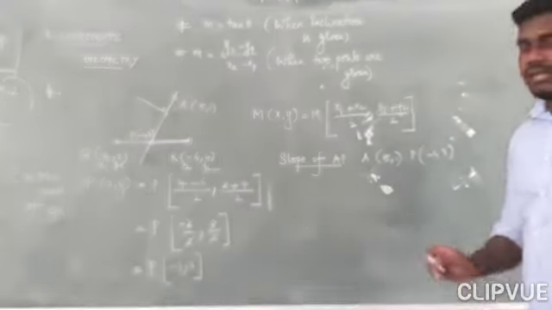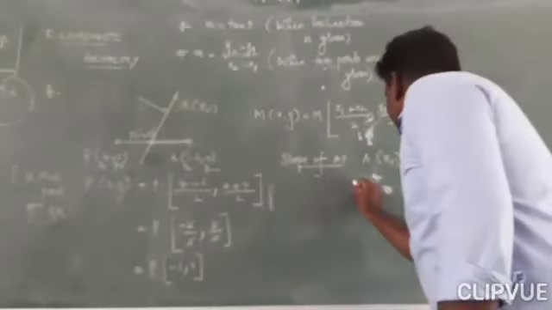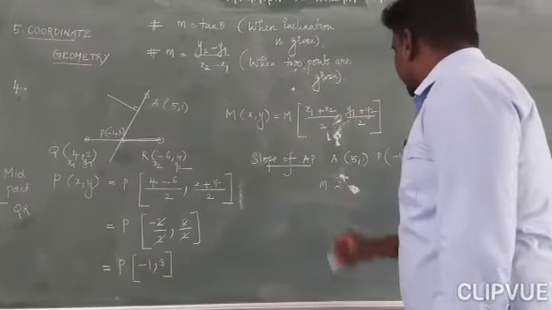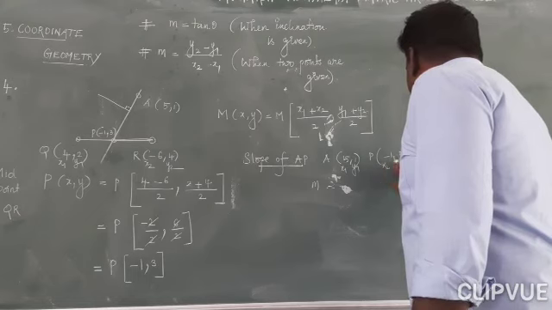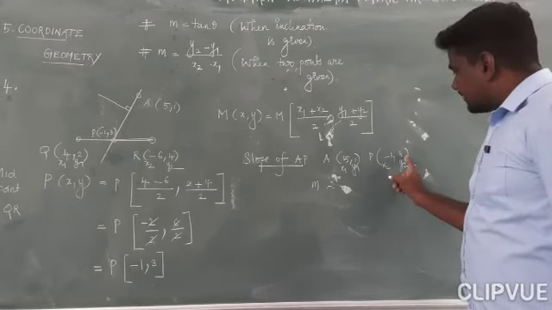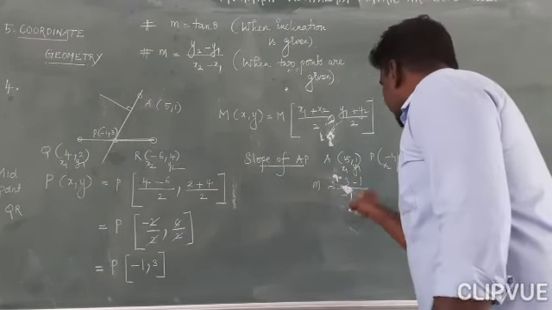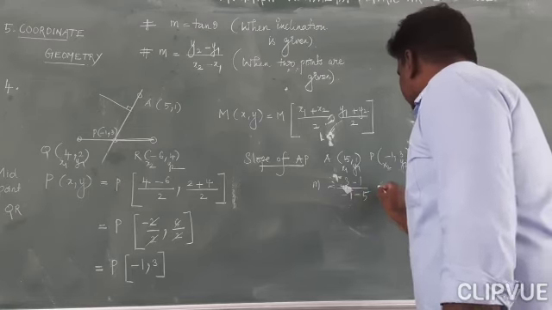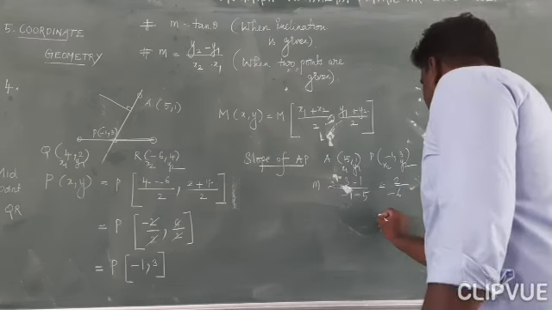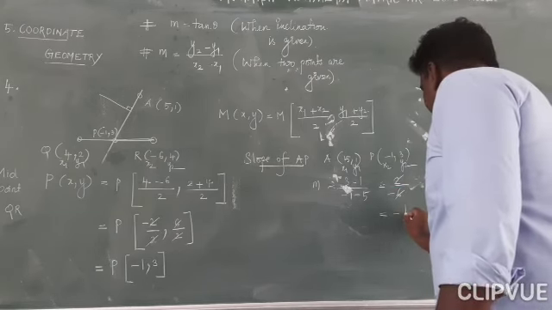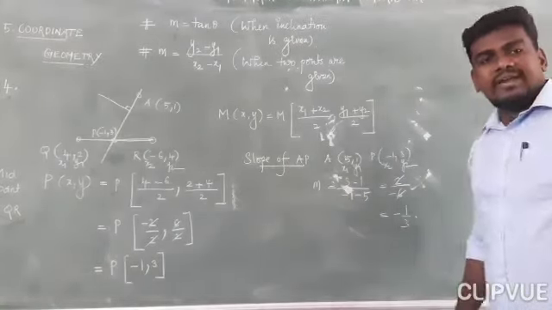Using the formula m equal to (y2 minus y1) by (x2 minus x1), we get 3 minus 1 by minus 1 minus 5. 3 minus 1 gives 2, and minus 1 minus 5 gives minus 6. So minus 1 by 3. The slope of the straight line AP is minus 1 by 3.